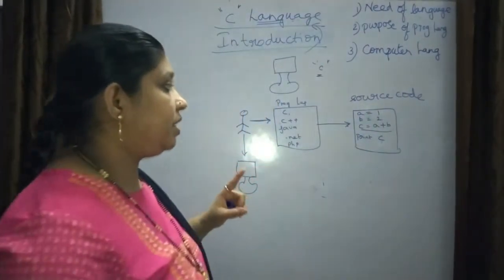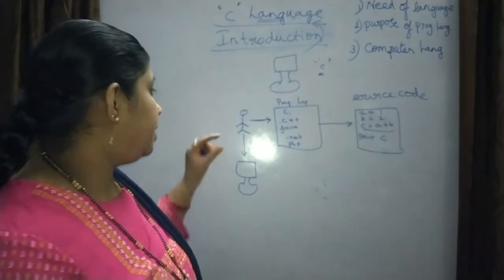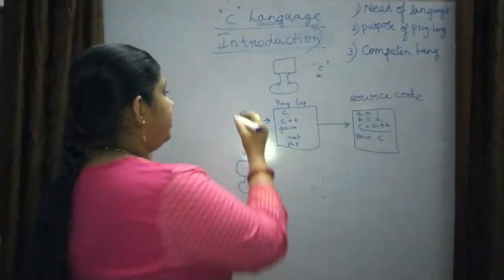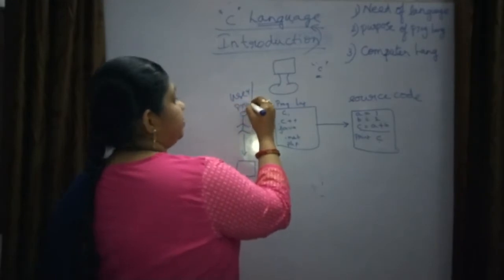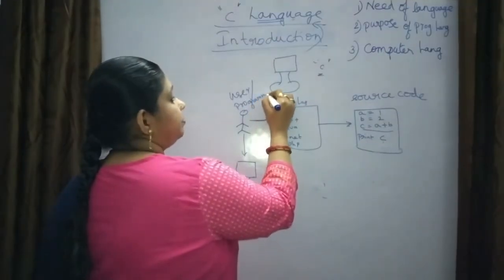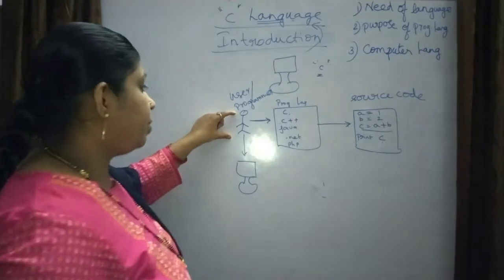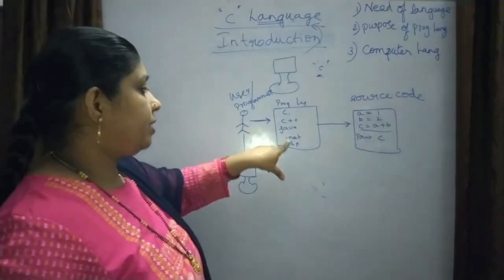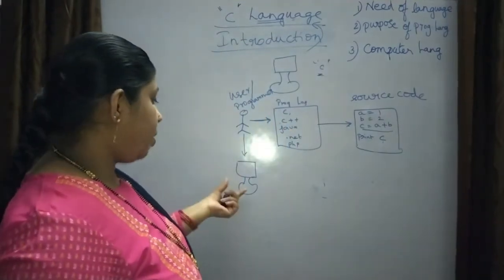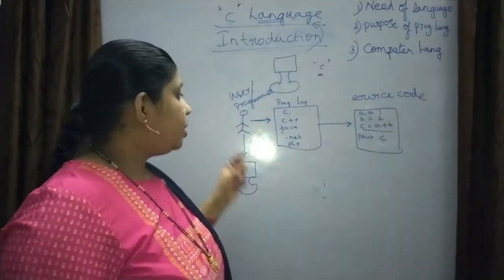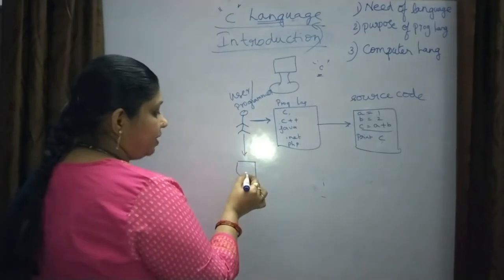So here what's happening, once again I will repeat. A person is there. You call it a user or a programmer. A user or a programmer writes a program. Why is he doing all these things? He wants an output from the computer. So directly he will type here.